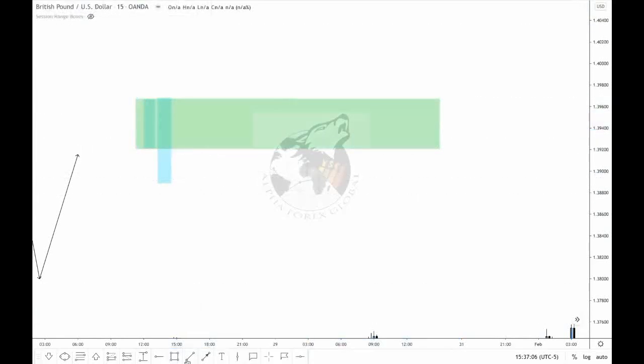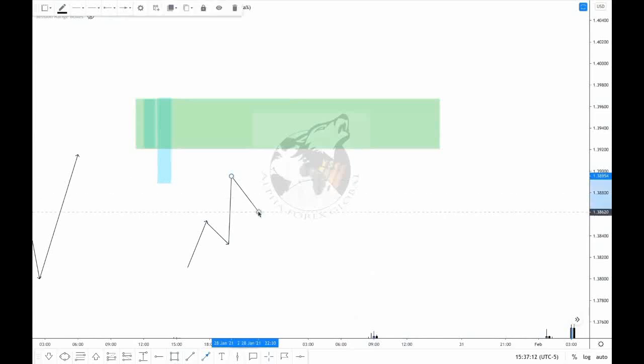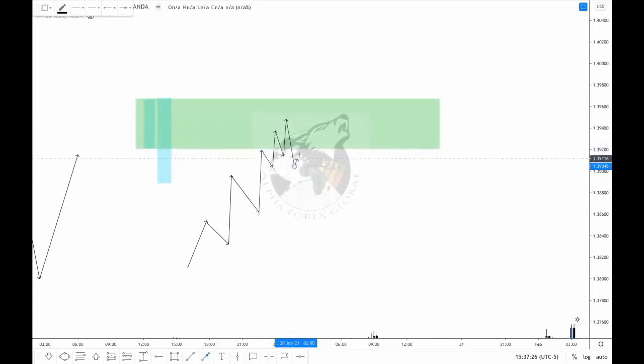So if the market is coming back to your point of interest in a bull momentum, say on the 3-minute, 5-minute or 1-minute time frame, whichever, you're going to start to see the market slow down like this, creating some form of schematic before the market continues to push down.